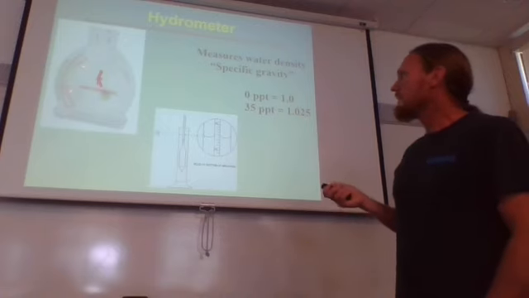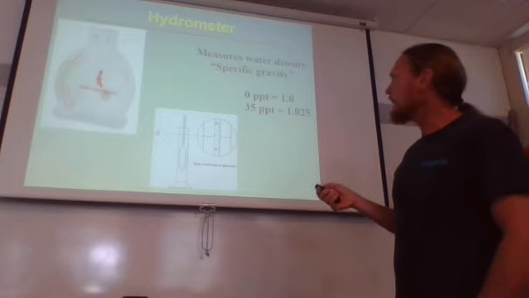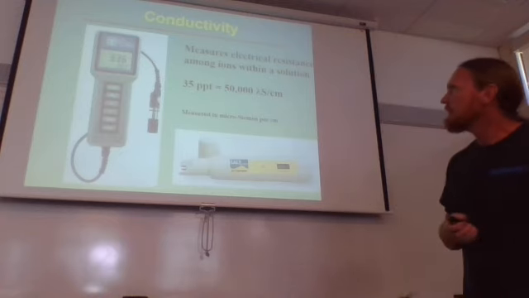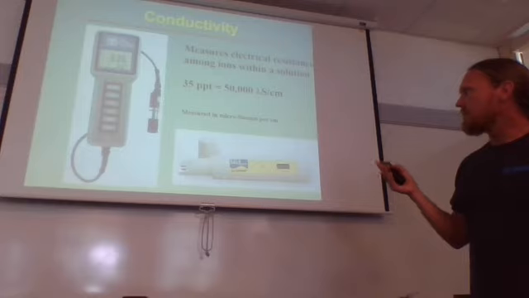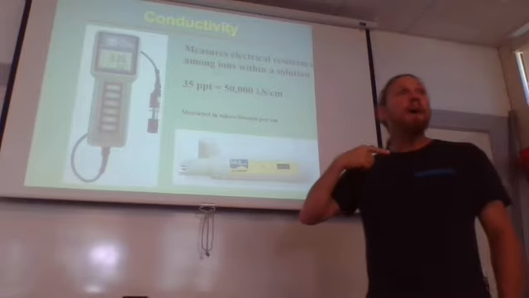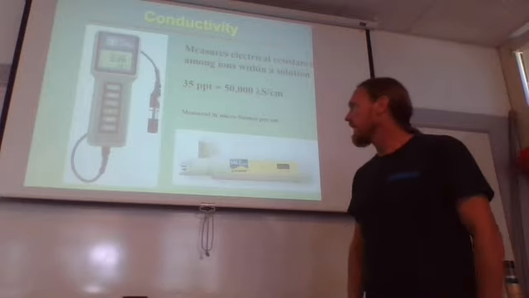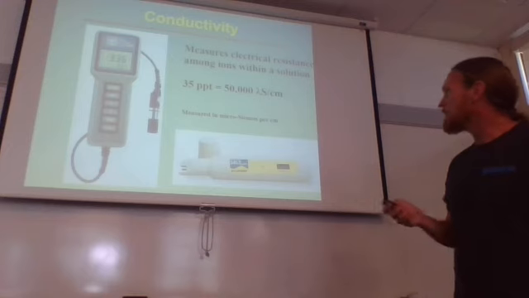So these are, again, specific gravity, which is the relative density relative to the thing that's floating in it. 2 types of hydrometer. Conductivity, we mentioned earlier, is you're measuring how well electrons will move through a solution. And the more stuff that's dissolved, the more conductive water is.